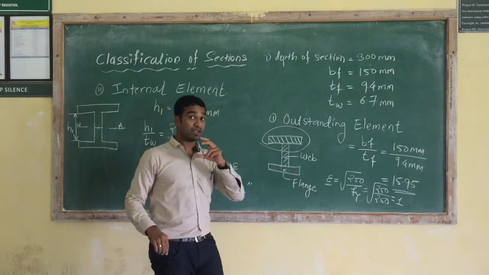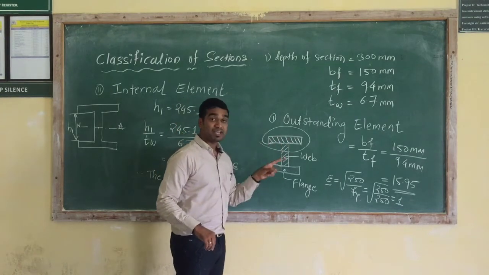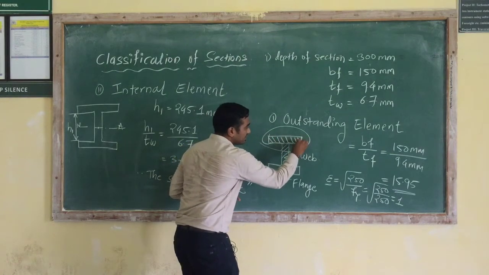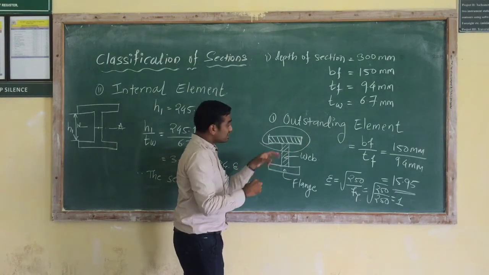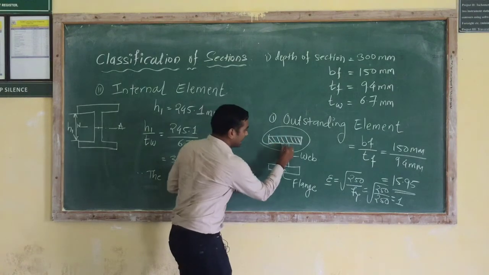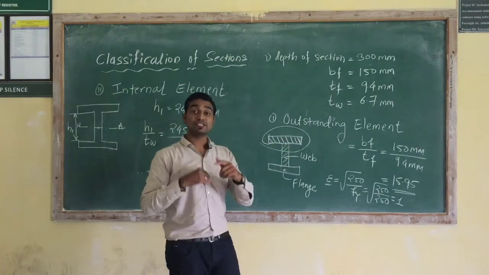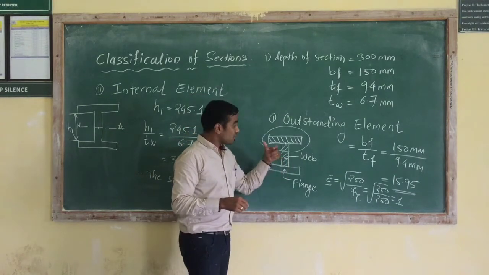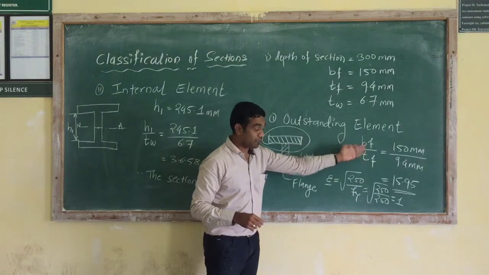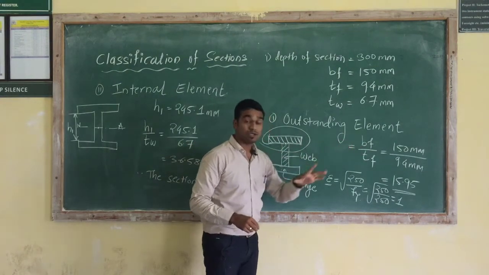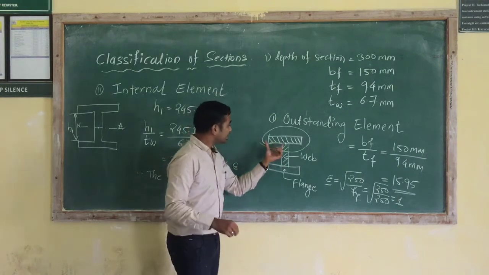See carefully, this outstanding element is not connected at these ends, it is connected at this midpoint. So while calculating the width of the flange, we have to consider this half value.